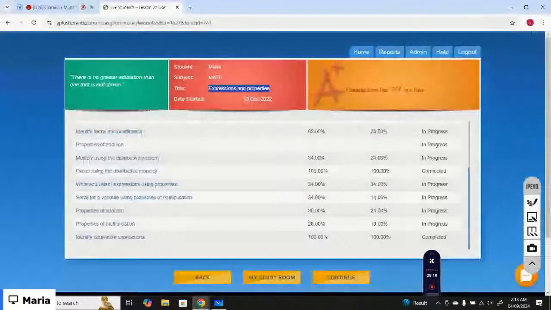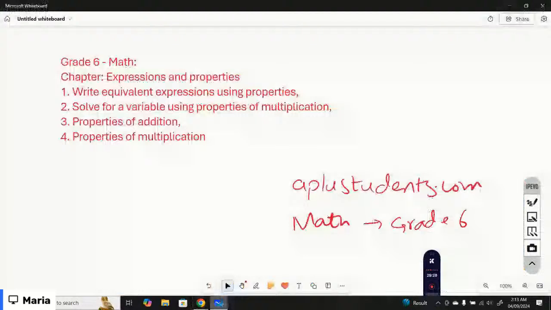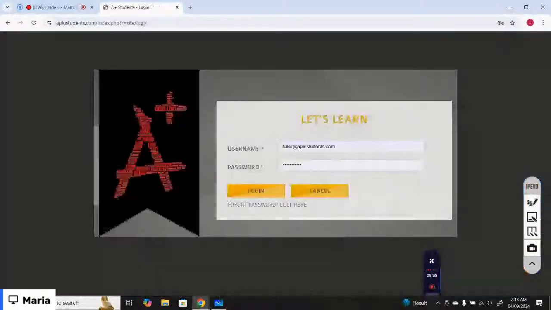So here I'm on grade 6 math. The chapter we are on right now is expressions and properties. Let's start with the lesson, write equivalent expressions using properties.